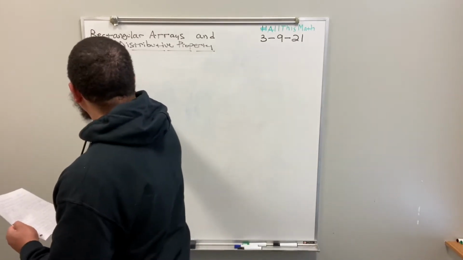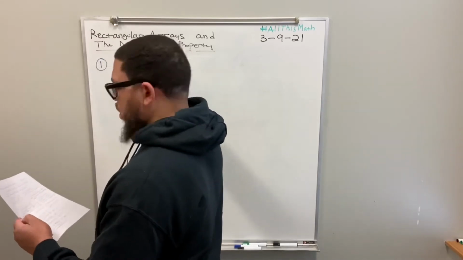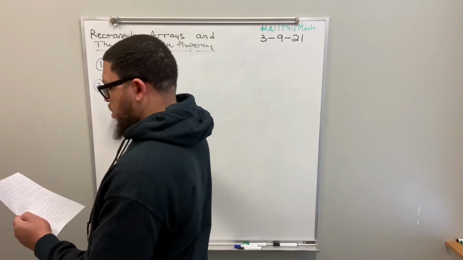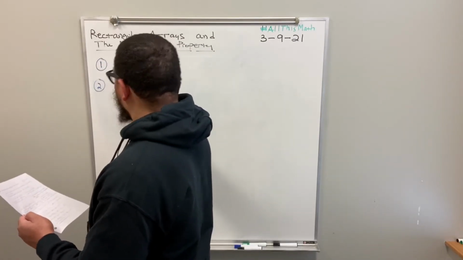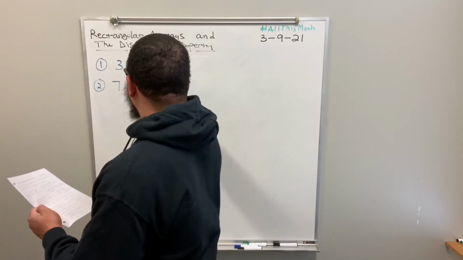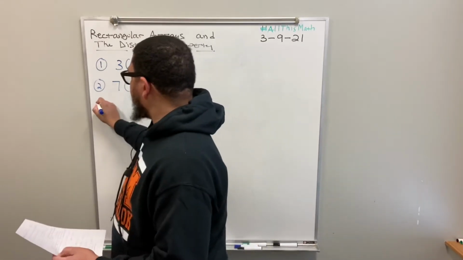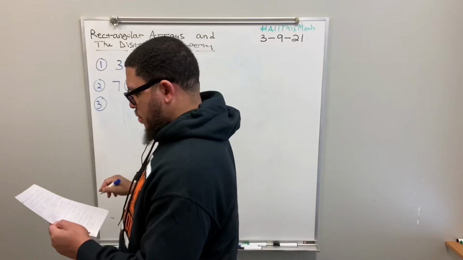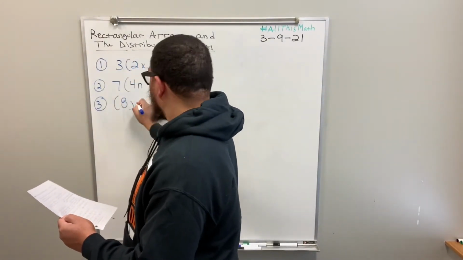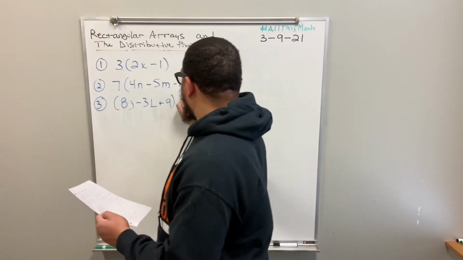So let's do number 1. 3 times the quantity 2x minus 1. Number 2, we're going to have 7 times the quantity 4n minus 5m minus 2. We'll do another one. Number 3, we're going to have the quantity 8j minus 3l plus 9 times 6.